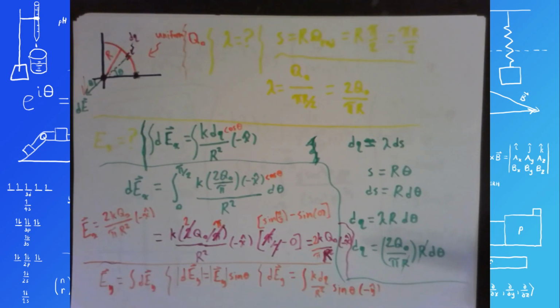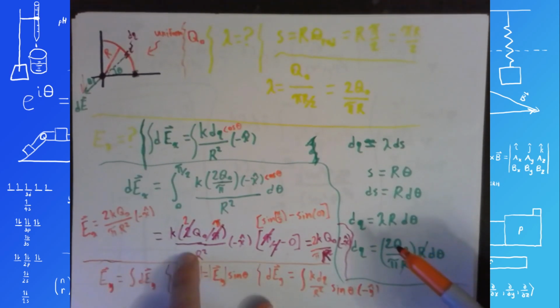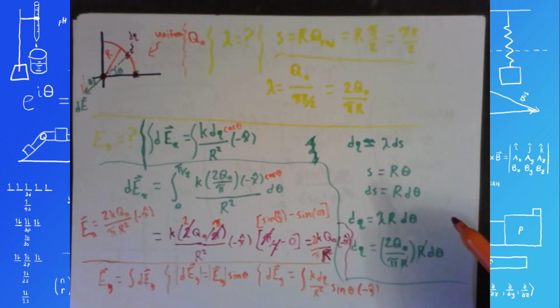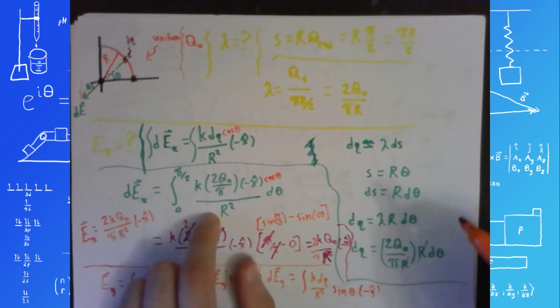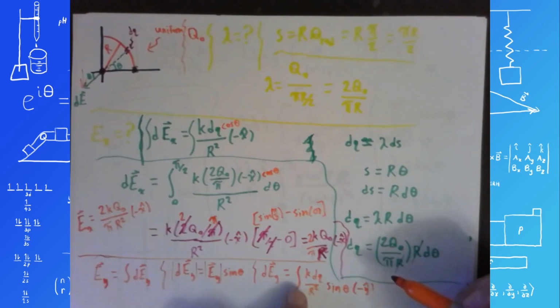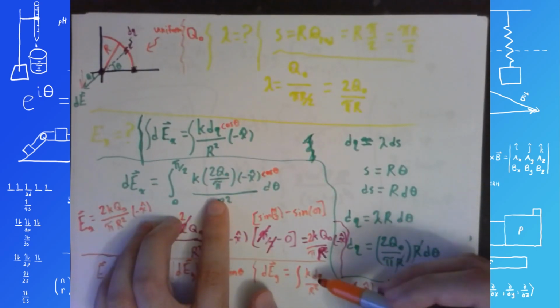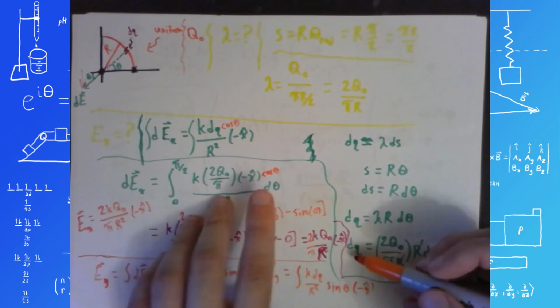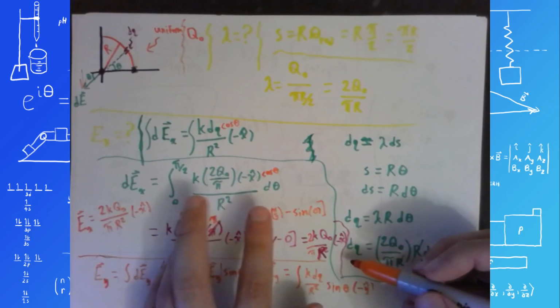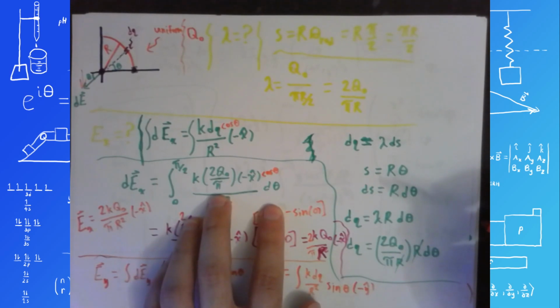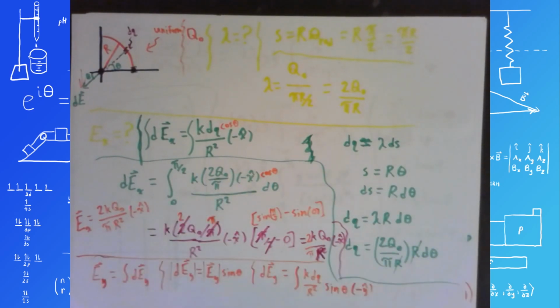Okay. And we already know what this turns into. It turns into all of this. So the dq gets replaced with 2q0 over pi d theta. Let me go ahead and continue this on another sheet.